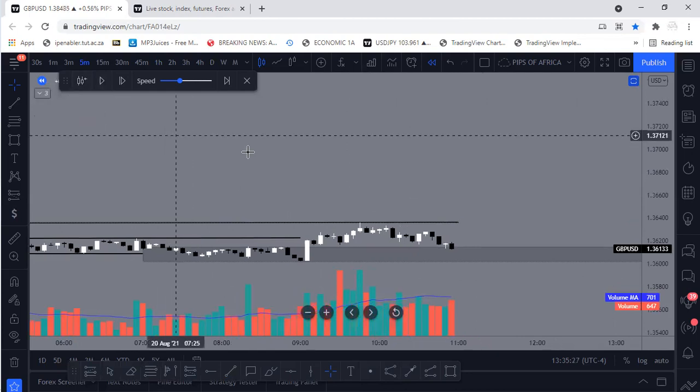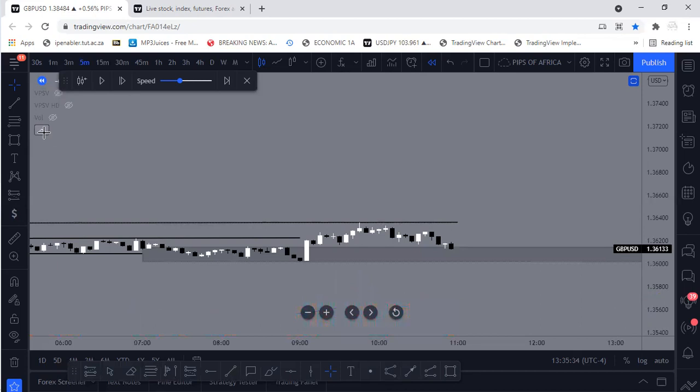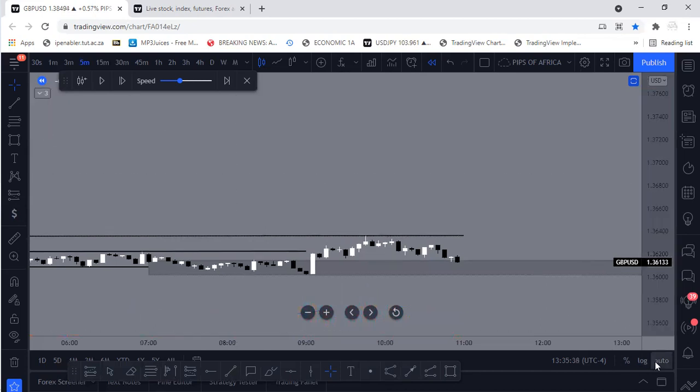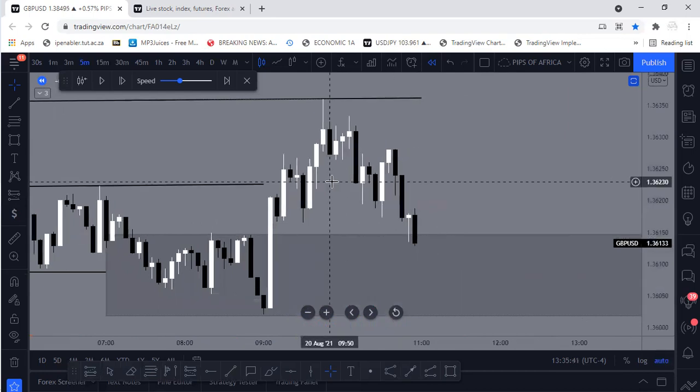I don't like refining order blocks, but let's leave it like this. I want to take the volume out. Right? So on the 5 minute time frame, this is clean and clear now.